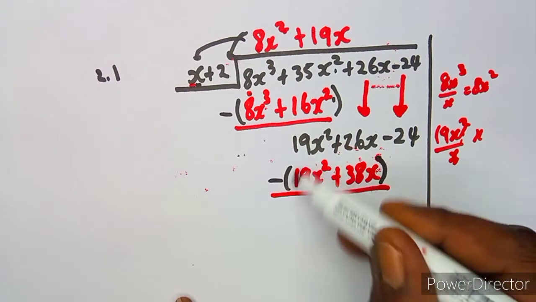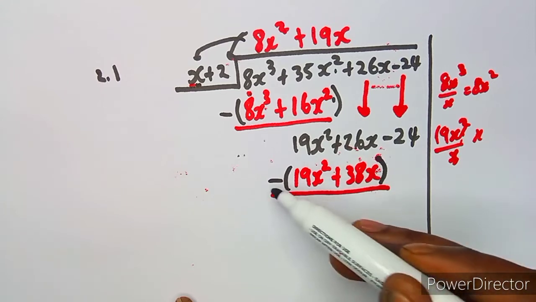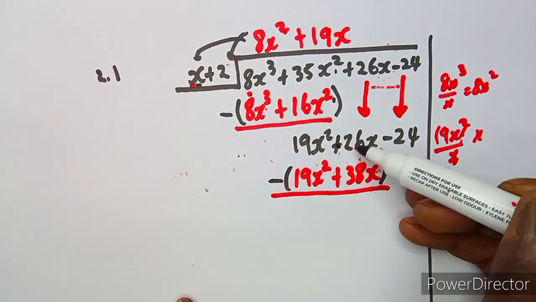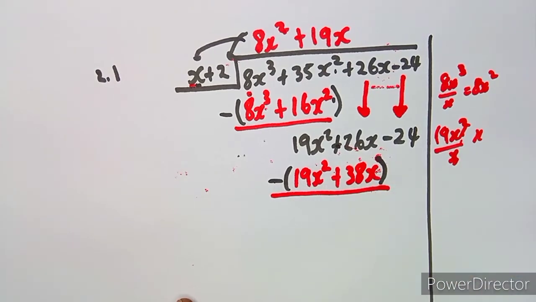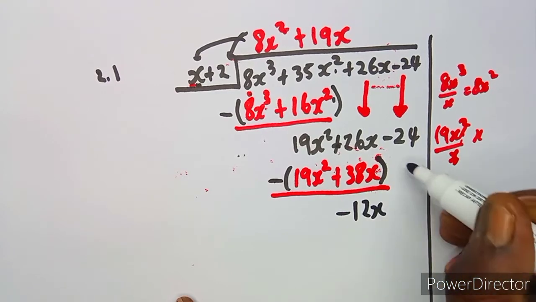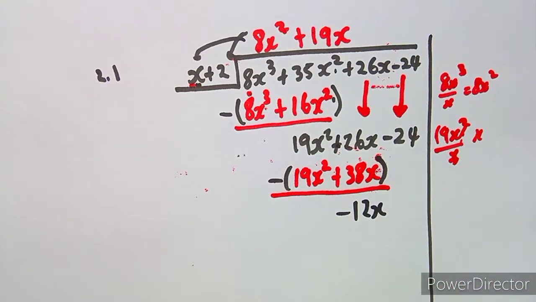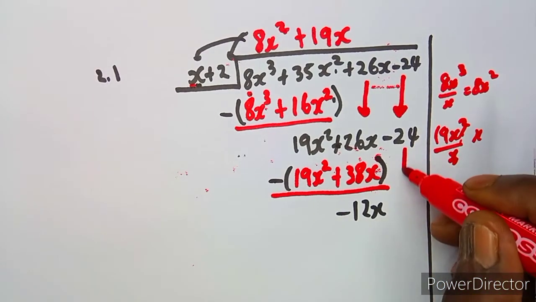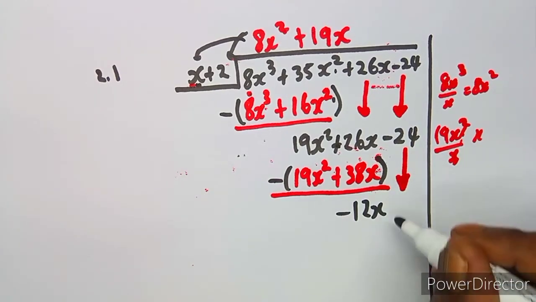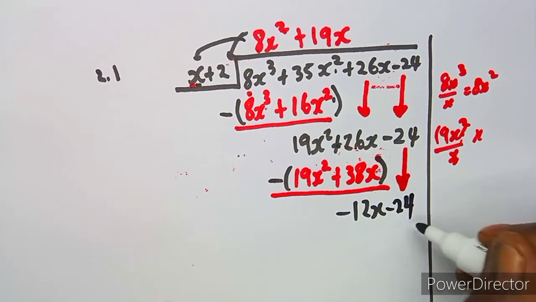And we've got 26 minus 38. Take note, it's positive 26, so it's just 26 minus 38, which is going to give us minus 12x like this. Then what are you going to do? We're done subtracting, so definitely we have to take this down. So if we take this down, it's going to be negative 24 like this.